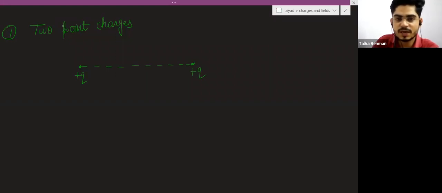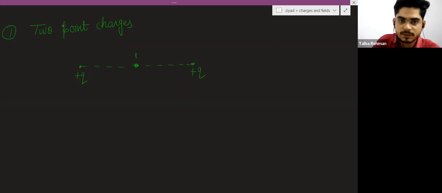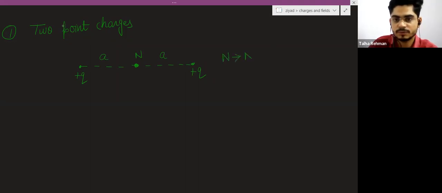Both the charges are equal and have the same sign. So the neutral point of this kind of system, where the electric field will be zero, is at a distance which is equal from this charge and from this charge. So if this distance is a, then this distance is also a. So N is the neutral point.